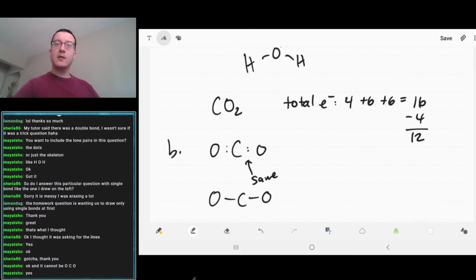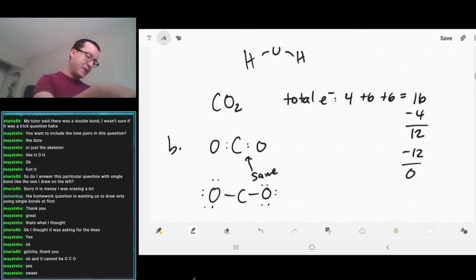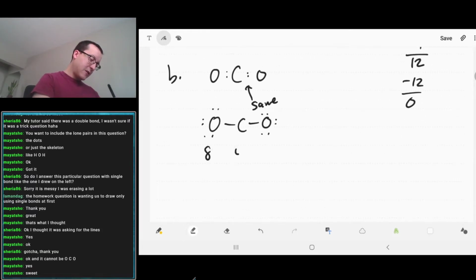Yeah, exactly. So we would finish the rest of it off later. We would put our 6 electrons on each oxygen. We have none left. So we just check, okay, oxygens have 8 electrons. Carbon has 4. So poor carbon needs more electrons, so we would give it more.